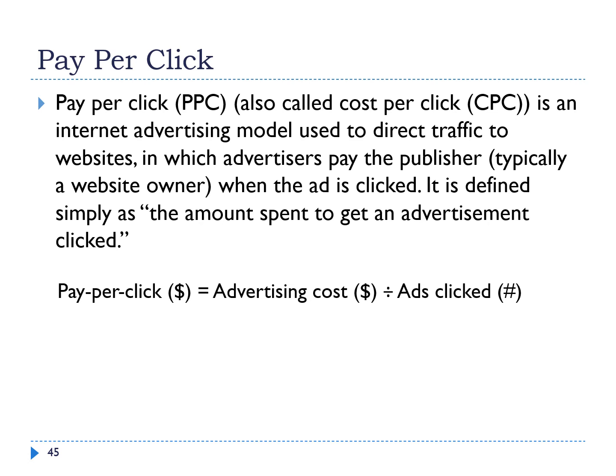It is defined simply as the amount you spend to get an advertisement clicked. Here is how pay-per-click is calculated. It equals the advertising cost divided by the number of times the ad is clicked.